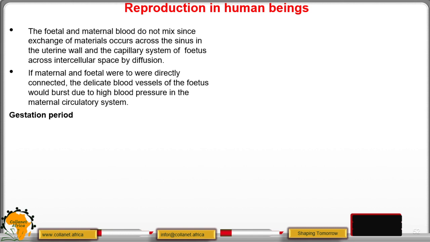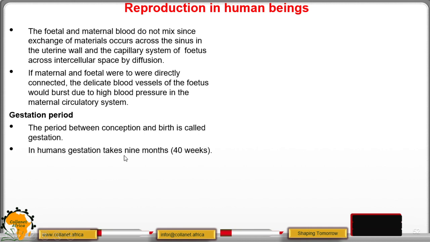The next topic we want to discuss is the gestation period, and this is the period between conception and birth. In human beings, gestation takes around 9 months, that is 40 weeks.